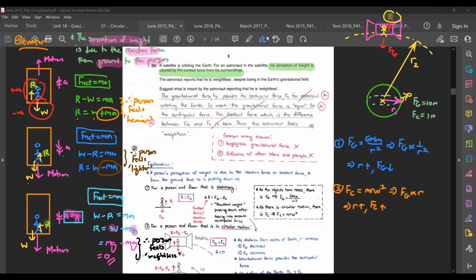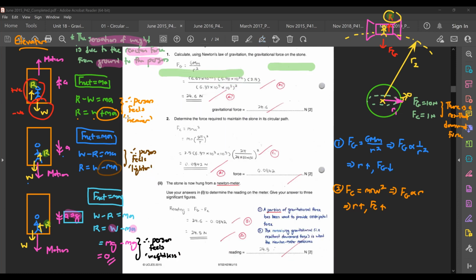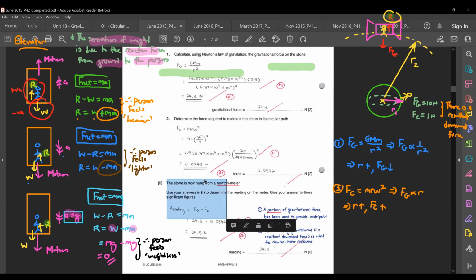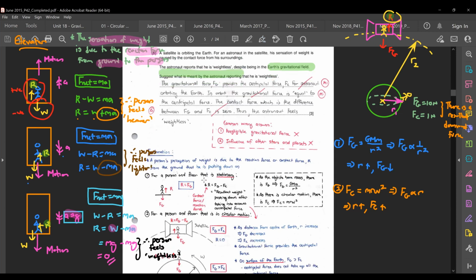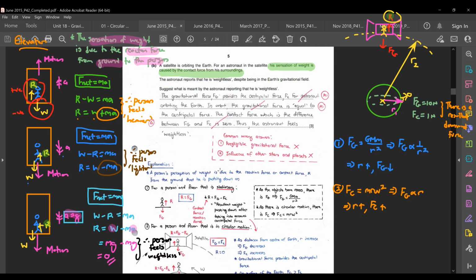All right, here you will see that there is a resultant downward force. Similar in concept to the previous question that you have done here, the one where they ask you to find the reading on the Newton meter. So here, your case is that your gravitational force is much larger than your centripetal force. There's actually some sort of balance remaining that gives you your resultant downward force.